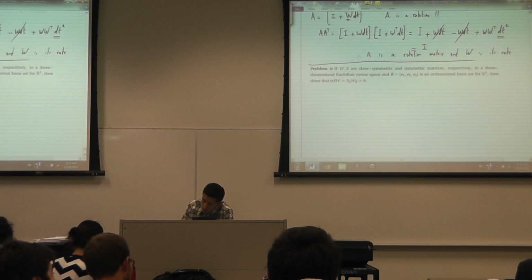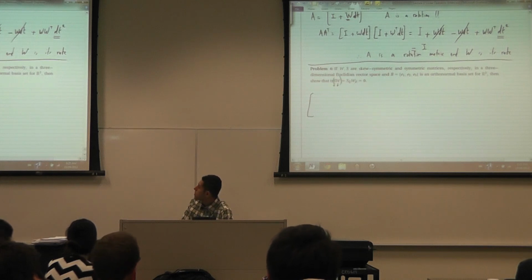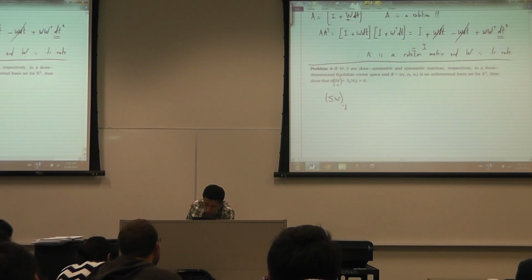In the next problem, we want to show what happens if you multiply a symmetric matrix by a skew symmetric matrix, and then you take the trace. So SW is a matrix whose components are S_ij, W_jk.